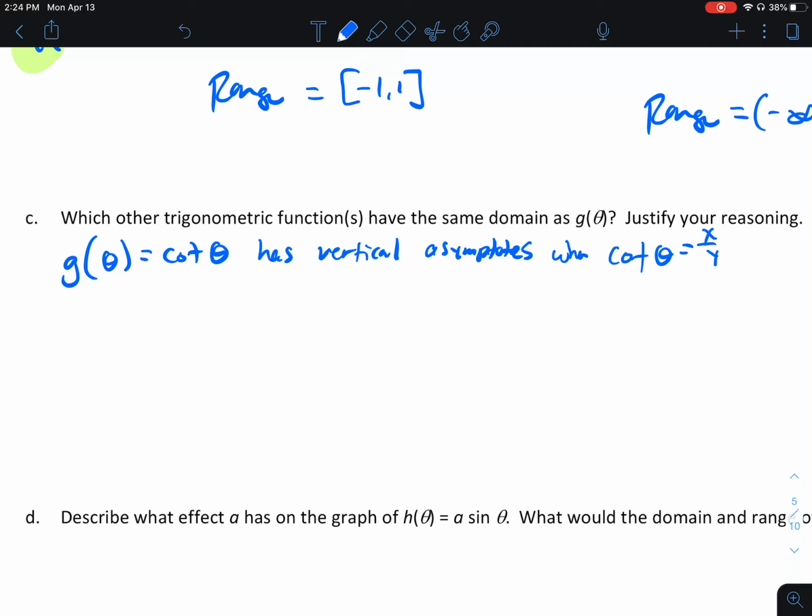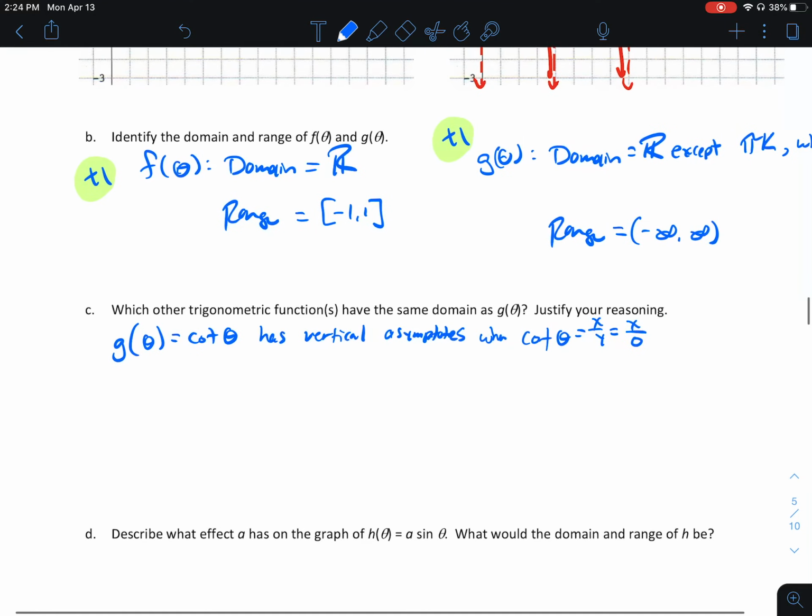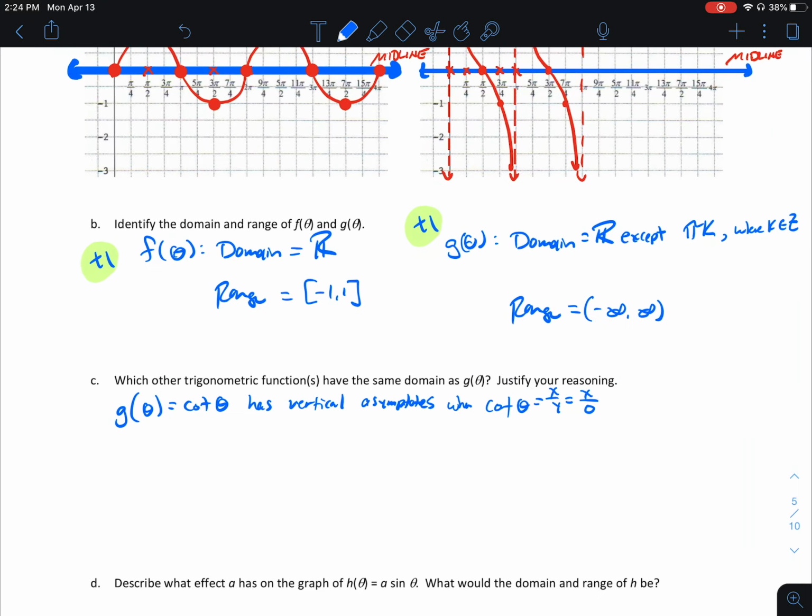It's x over y. So this happens when y is 0. Y is 0 in the coordinate plane at 0 degrees, and it happens at 0 radians. It happens at pi radians, multiples of pi.